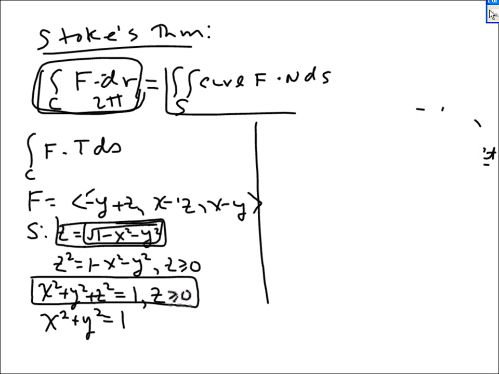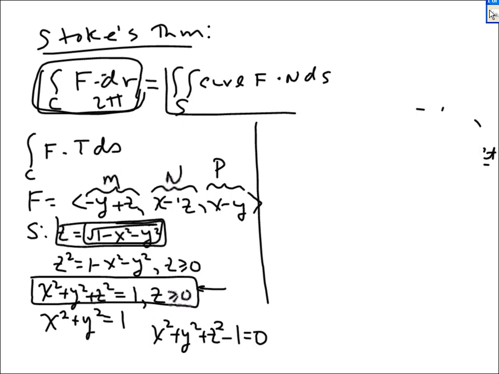Well, this here is M, and this here is N, and this here is P. And actually, what we want to look at is this equation: x squared plus y squared plus z squared take away 1 is 0. Well, what's the normal of that?